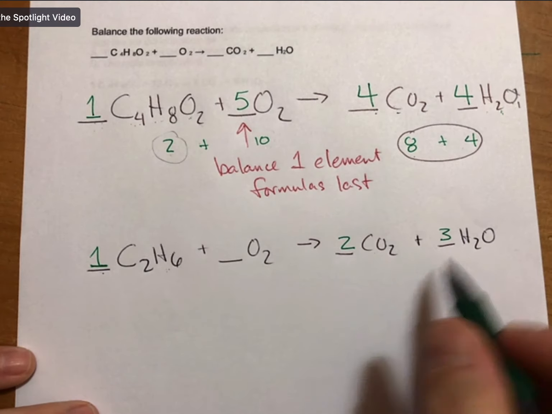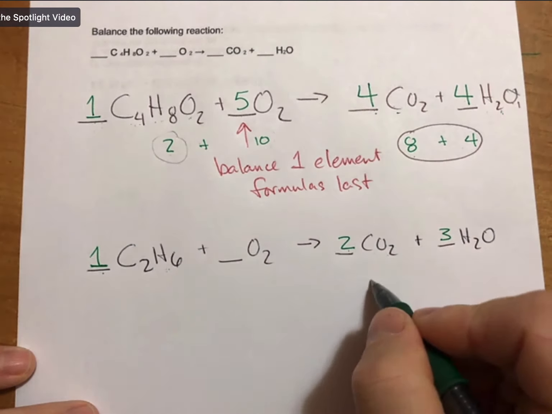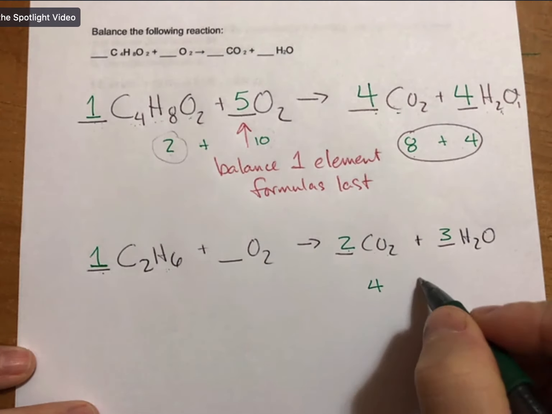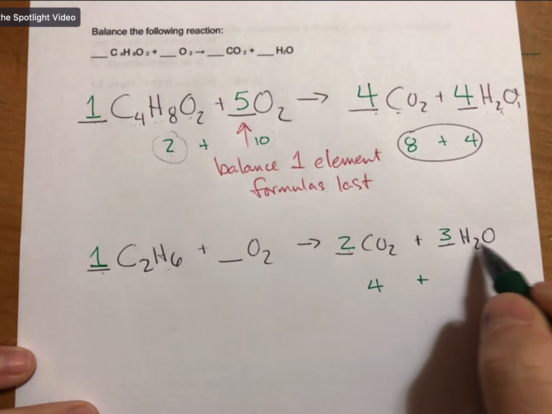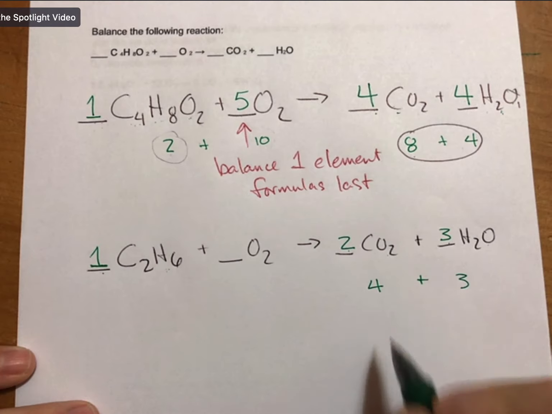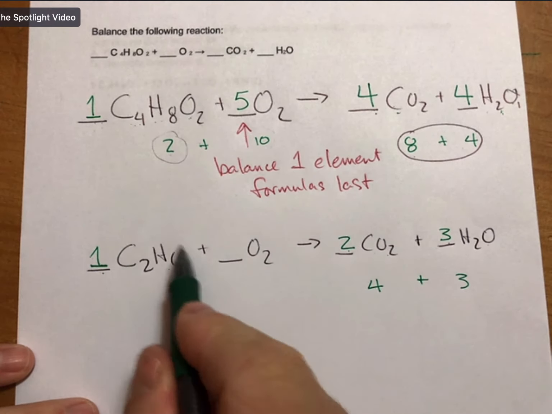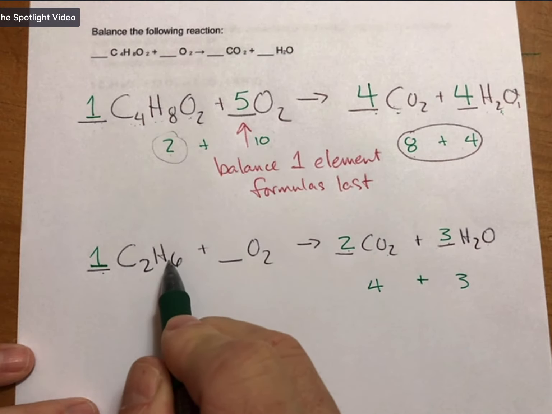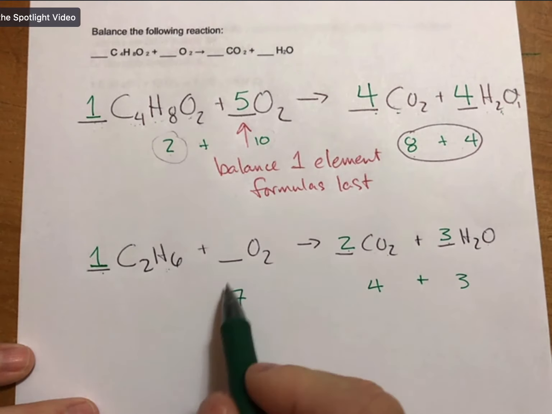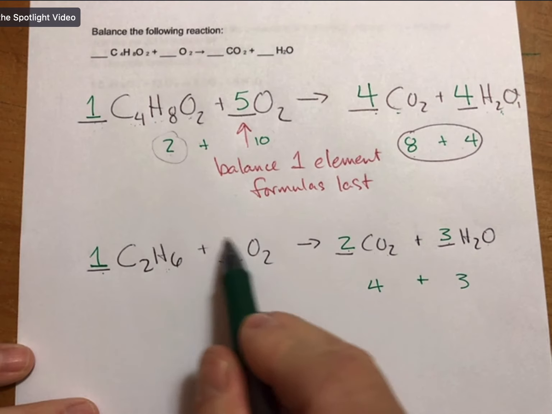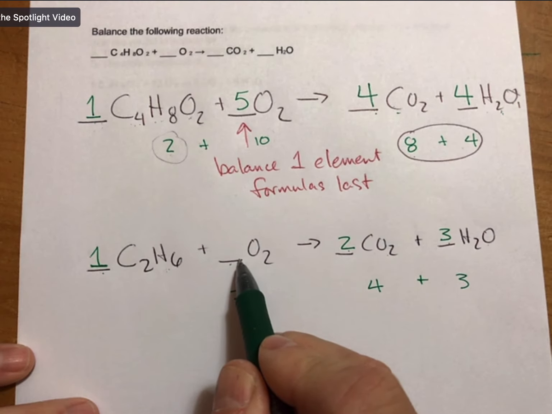From there, I can see that I have 2 times 2, which is 4 oxygens, plus 3 times 1, which is 3, for a total of 7. I have no oxygens in my first compound, which means that I must get 7 with whatever number I put right here.